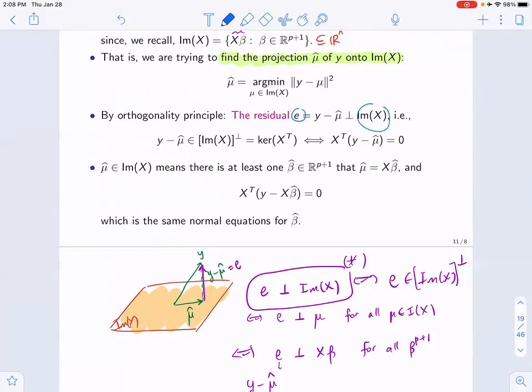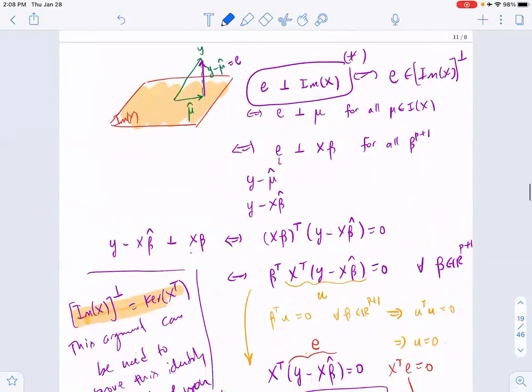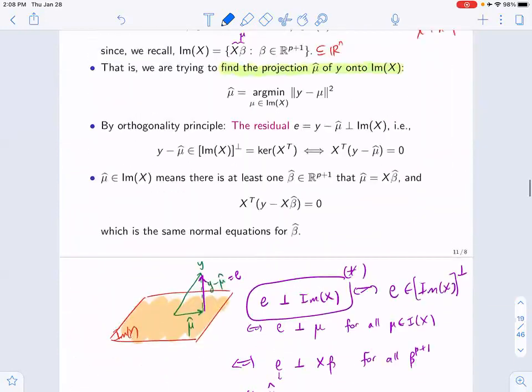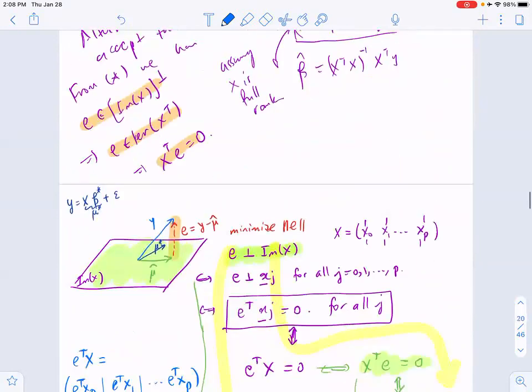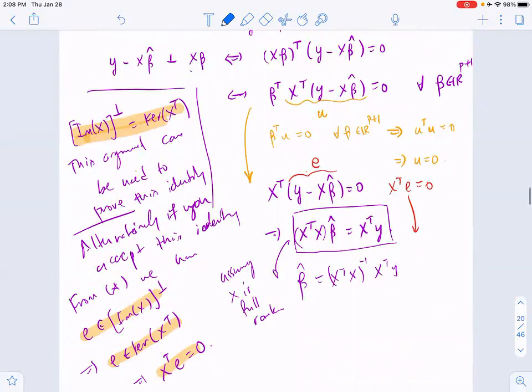There are multiple ways of arriving at the next conclusion. We went through one version last time. I'm going to do another way.